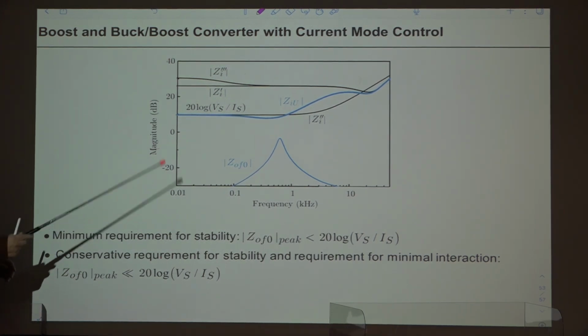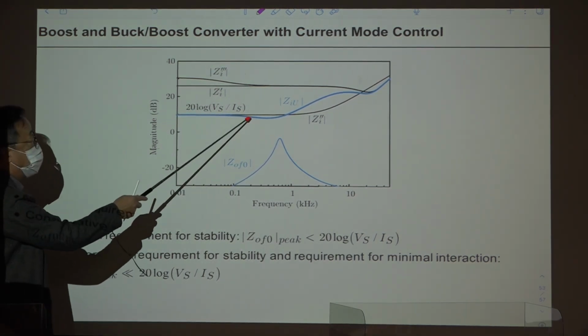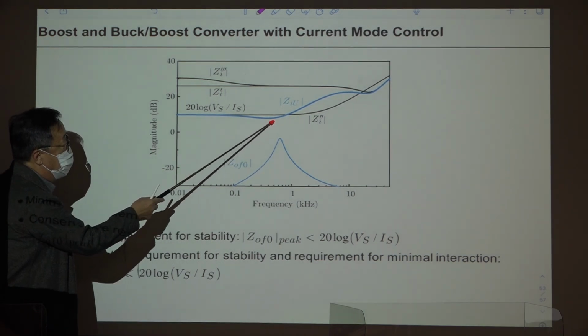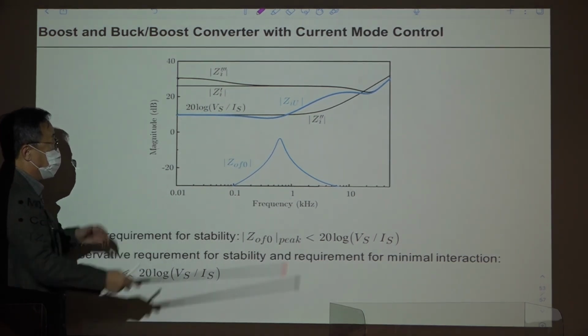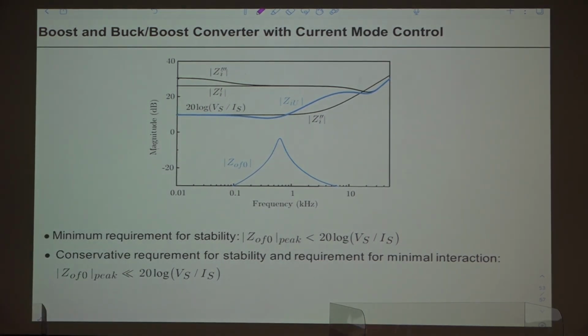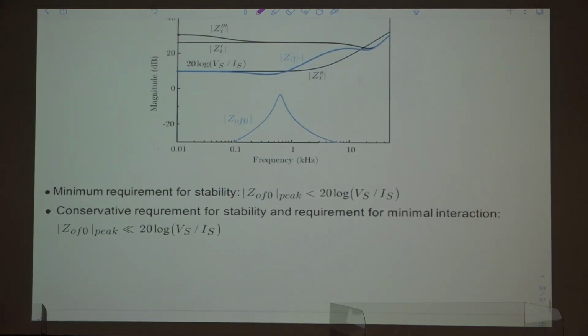So previously this is the closed loop impedances, okay? And these are the open loop impedances. Previously, there is just some difference. Okay, let me compare this with the voltage mode control case. This GI double prime remains about the same, but GIU was different.